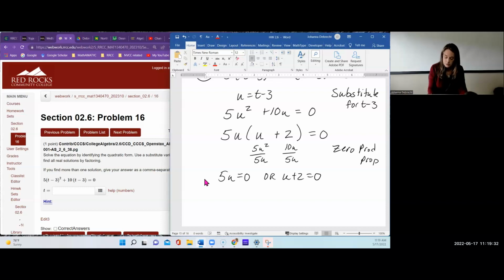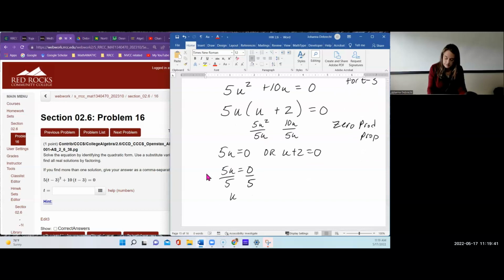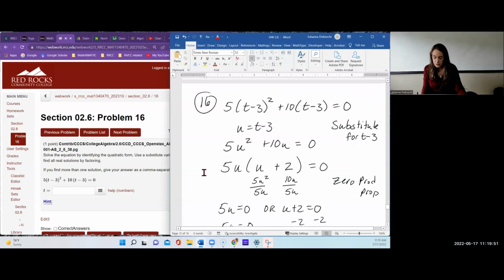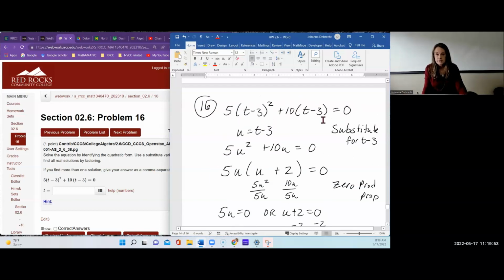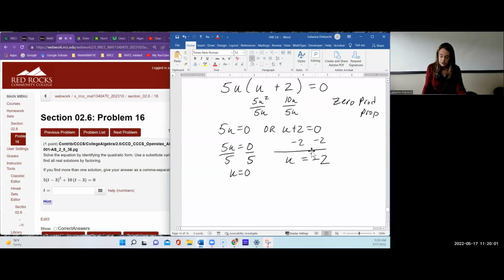If 5u equals 0, I can divide both sides by 5, and that gives me that u equals 0. The other equation gives me that u equals -2, but I'm not looking for u. The original problem was in terms of t, so I'm looking for t. So then I make another substitution and I back substitute. U was t minus 3.